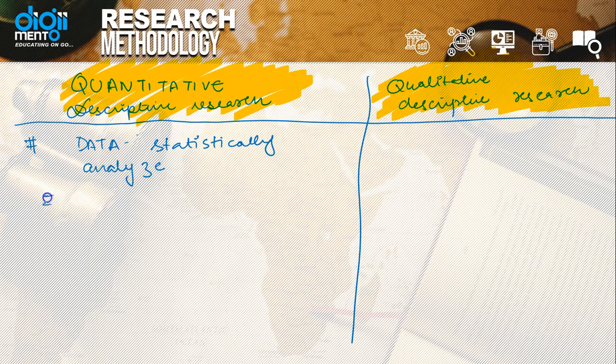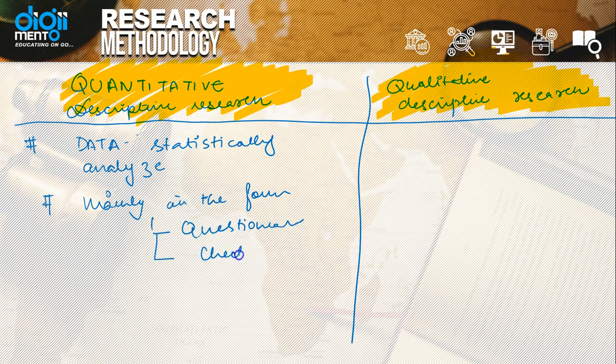Basically this quantitative descriptive research is mainly in the question-answer form, like questionnaires, like checklists, like surveys.